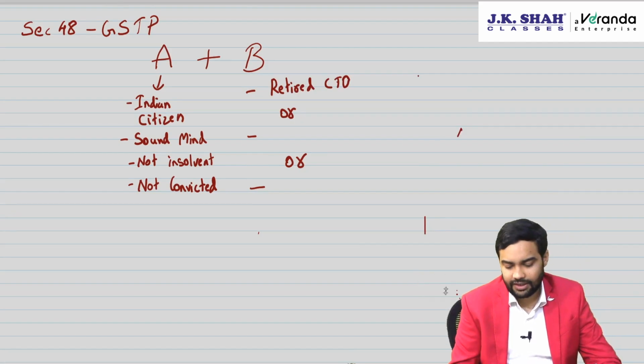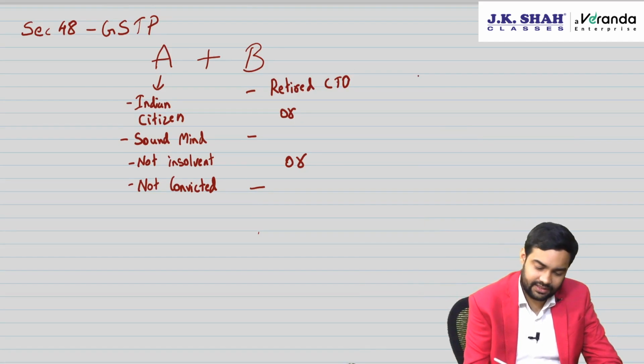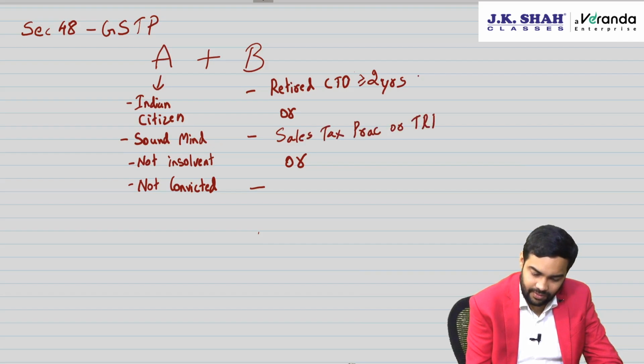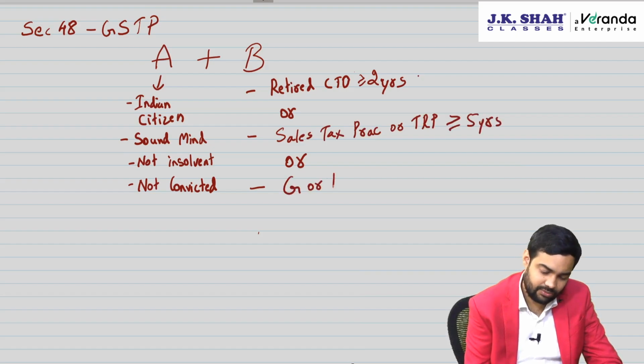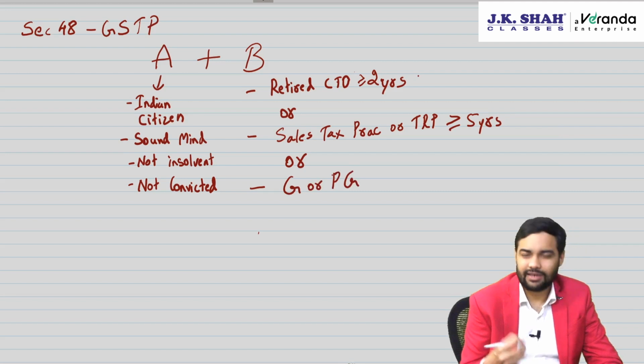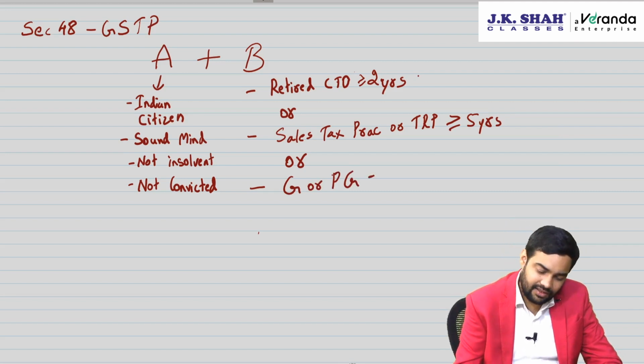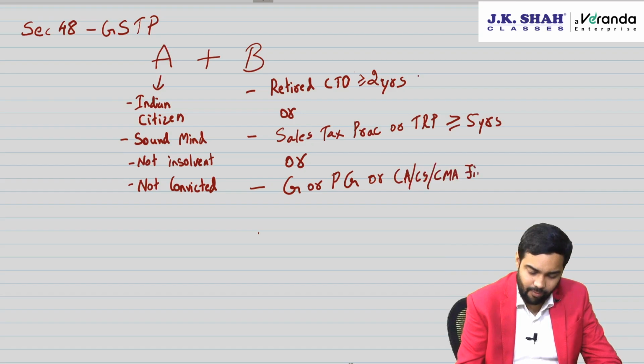A retired commercial tax officer, at least group B gazetted officer, or sales tax practitioner, or tax return preparer with 5 years or more experience, or he's a graduate, postgraduate in banking law, degree, commerce, or has passed CA, CS, CMA final exam.